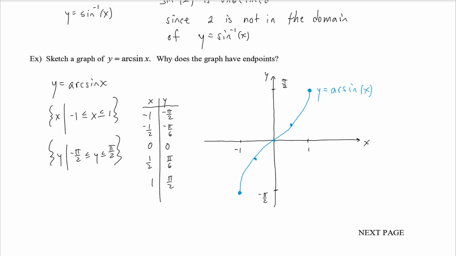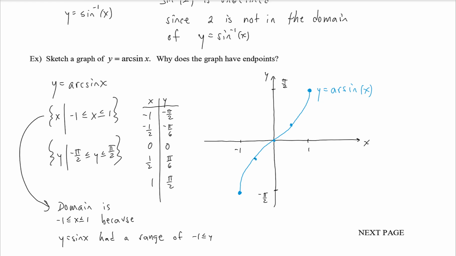Now, why does it have endpoints? Because its domain is -1 to 1, because y equals sine of x had a range of negative 1 to 1.